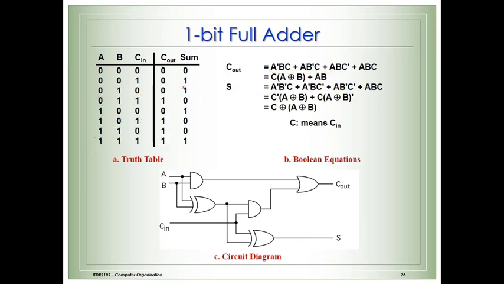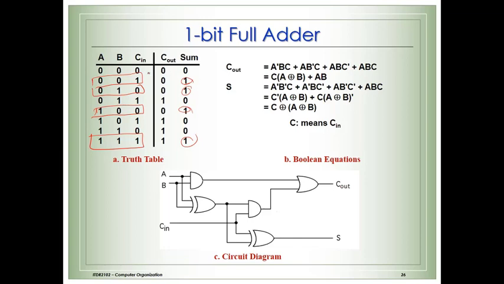Very similar to that, we will write for sum, right? So this is 1 here, 1 here, 1 here, 1 here. So it means that for this input group, for this input group, for this input group, and for this input group, right?